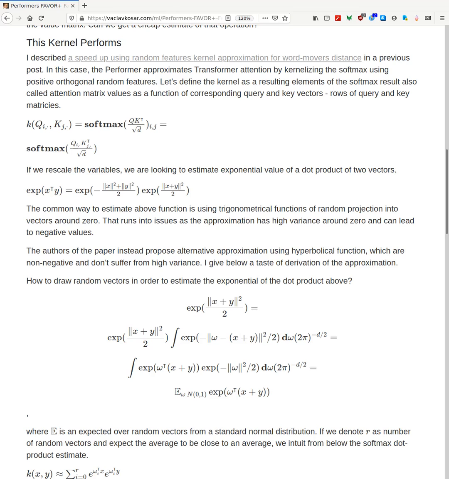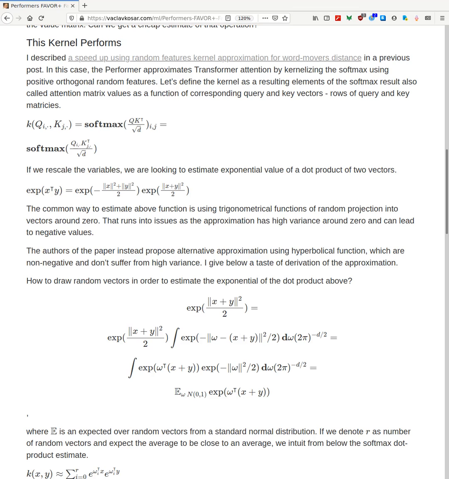So if we have a look at the softmax, the i, jth value in the matrix: if we do the dot product of two vectors, one row from Q and one row from K, and apply softmax, we get the value in the attention matrix. We can define this as the output value of our kernel, which we will try to approximate with a dot product in some higher dimension.